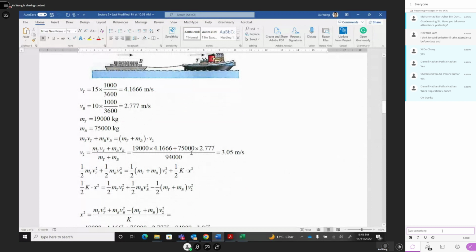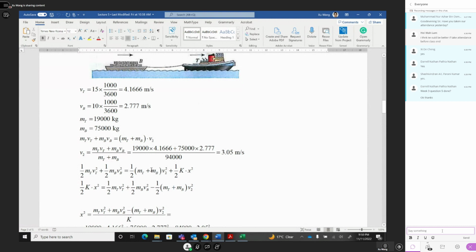Another one is energy conservation. Okay, energy conservation. First, before they reach the maximum stretch, they have kinetic energy. For the tugboat, half of MT VT squared. This is the kinetic energy for the tugboat. And also the kinetic energy of the barge boat, half of MB VB squared. Okay, this total energy should be conserved. After they reach the maximum stretch, they move together. They have a kinetic energy of half of MT plus MB multiplied by V2 squared.